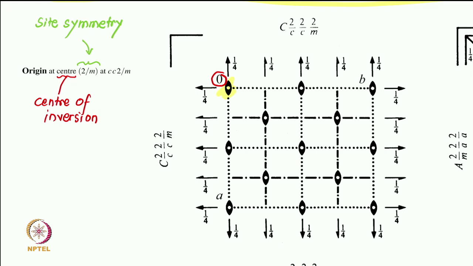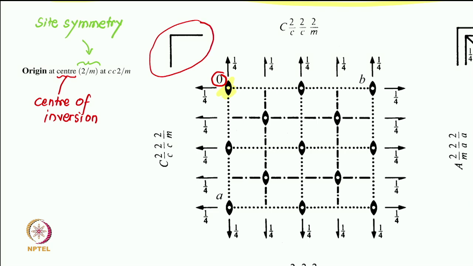So, it is a center, but that center is actually at 2/m. 2/m means a two-fold, that black lens represents a two-fold perpendicular to the plane of projection, and /m is a perpendicular mirror, which in this diagram is shown by this symbol here.